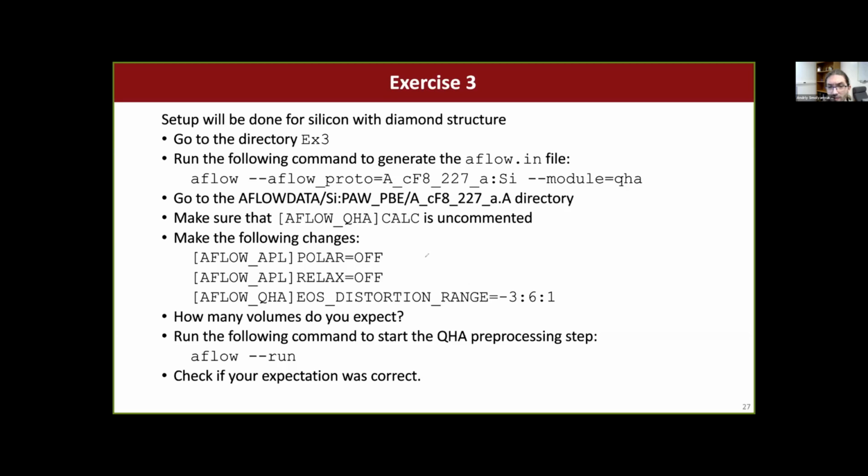And EOS, by default, will be on, so we don't need to do anything. We have this parameter which controls how much your structure will be changed. It tells it to start with 3% compression and go to a 6% expansion with a step of 1%. And you will run it and see how many structures it will generate.